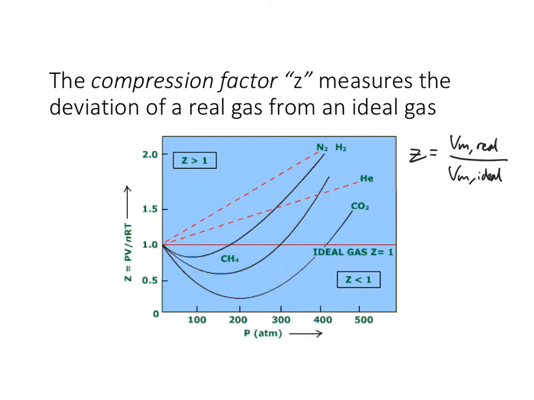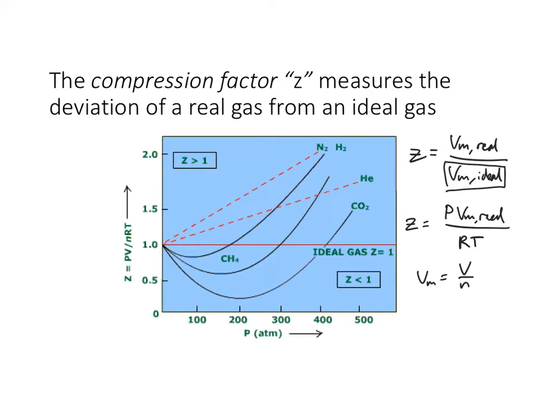But of course we can just recast the denominator here in terms of PV, n, R, and T, where Z becomes P V_m real divided by RT. Now remember, V_m is just V divided by n. And so anytime we have a molar quantity like molar volume or molar Gibbs free energy, it's just the extensive volume or the extensive Gibbs free energy, for instance, divided by the number of moles, n.